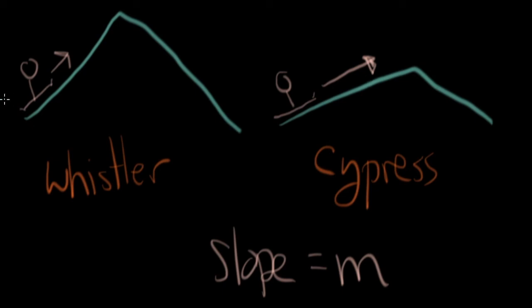And I think you could obviously see that the Whistler Mountain is a little bit steeper than the Cypress one. So when we're talking about slope, if I saw something that said, this slope is 8, and this slope is 2, which one has the bigger slope? What I'm talking about is which one is steeper.